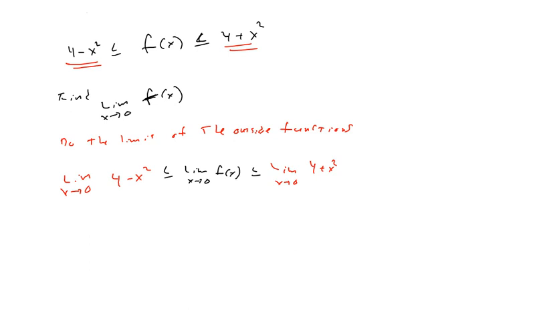So if I plug this limit in, I can just substitute 0 for x. I'm going to get 4 minus 0 squared, 4 plus 0 squared, and that's going to be 4. Right, so I've applied the limit to all three of these: the limit as x approaches 0 of f of x.